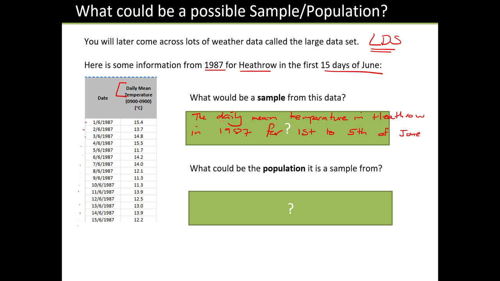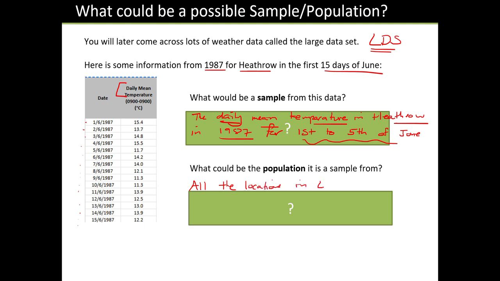So the key thing here is you really have to be this specific with these terms. And then it needs to be clear that it is in fact a sample. Let's think of it the other way around. What could be the population that it's a sample from? Well, it might be from all the locations in the large data set.